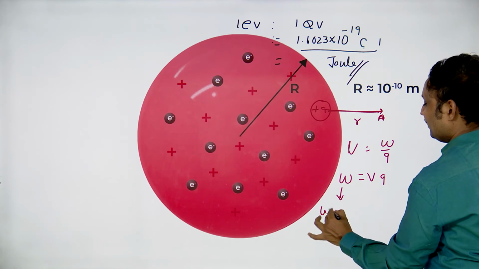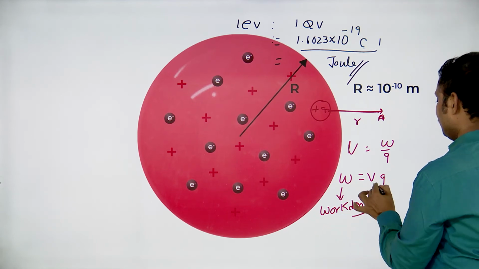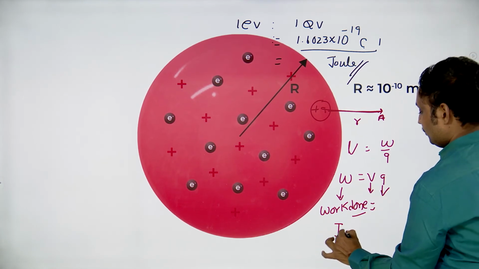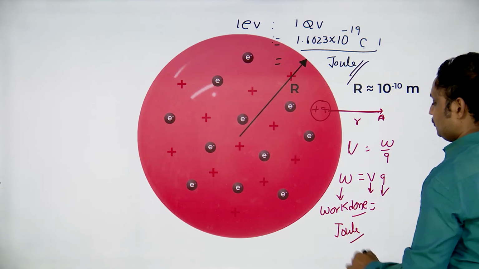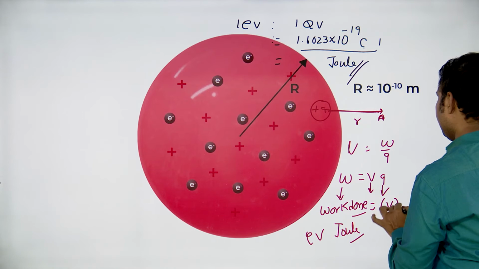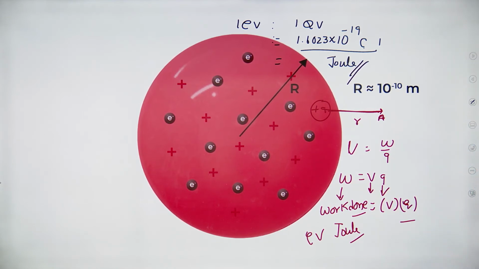So this is going to be the work done, this is going to be the potential, this is going to be the charge. It is going to be expressed in joules or electron volts, equal to V and Q. Easily we can measure that. From this one you can have the measurement of the derived quantities. It's very clear. You would like to get this one, right?